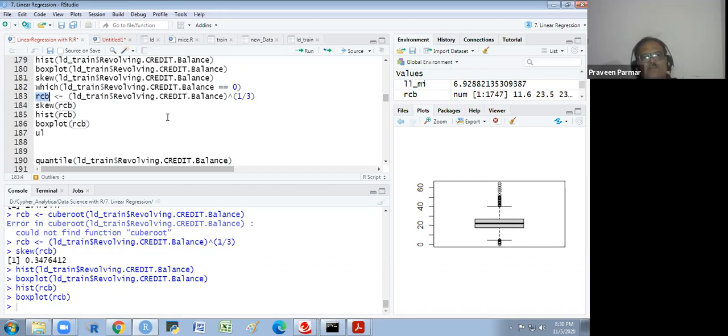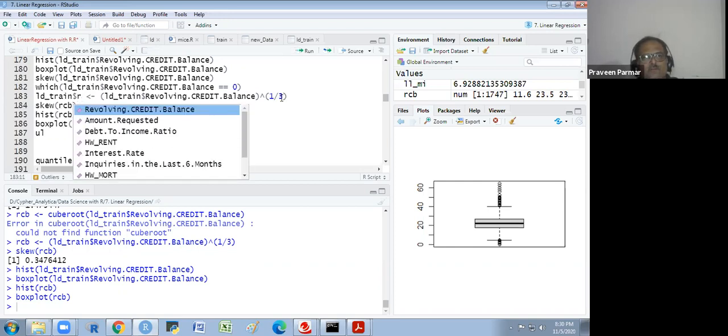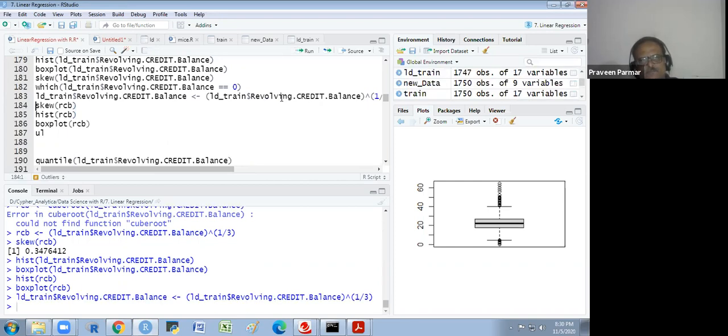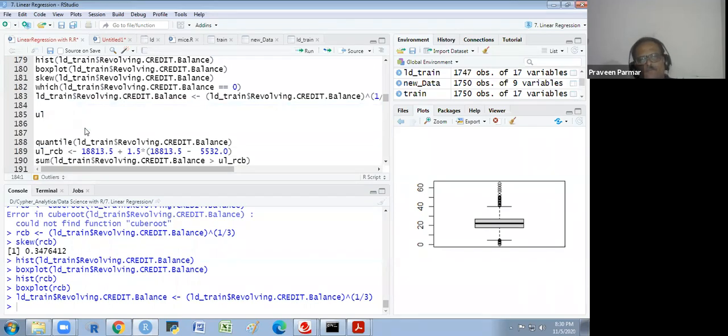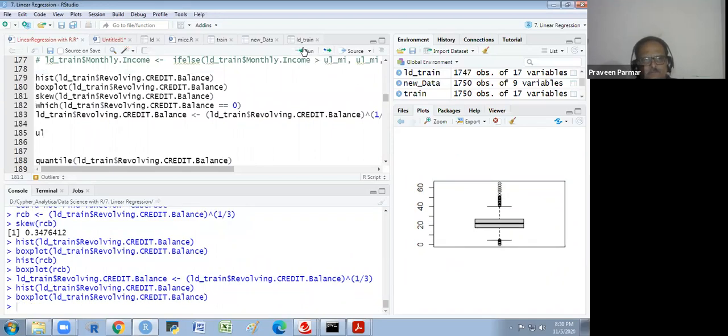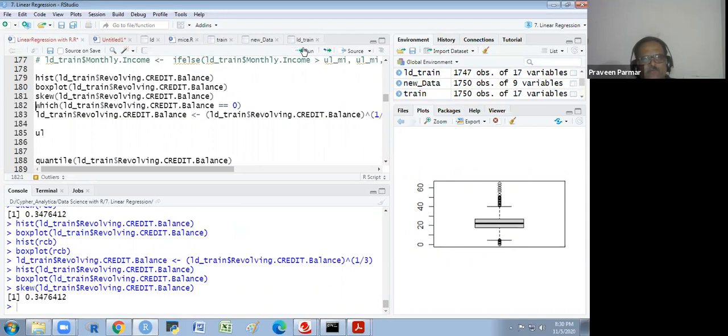Now I have to write LD_trend$revolving credit. Correct? And no need for this. Okay, I could check here now. Getting the same, don't worry. 0.34.